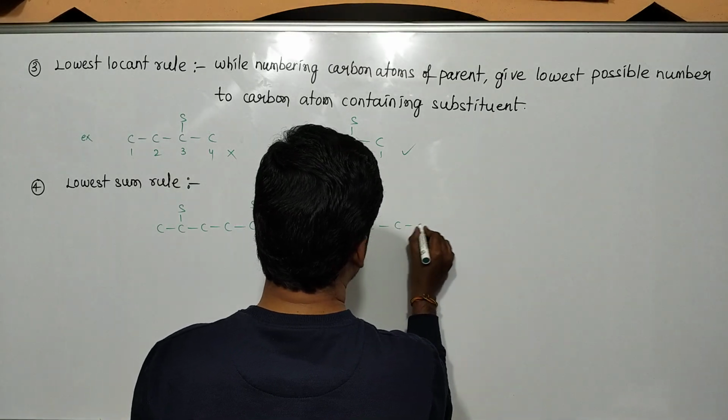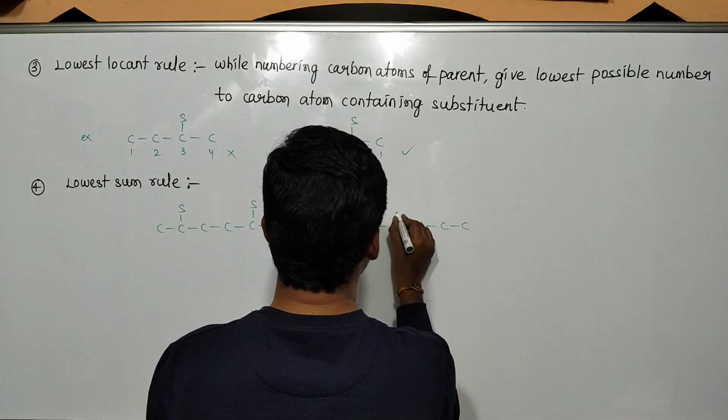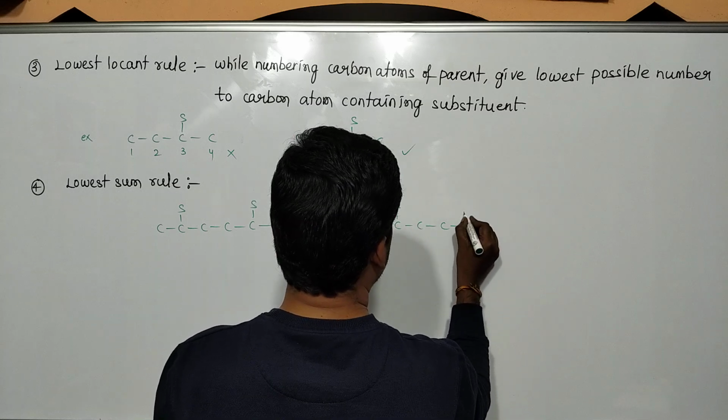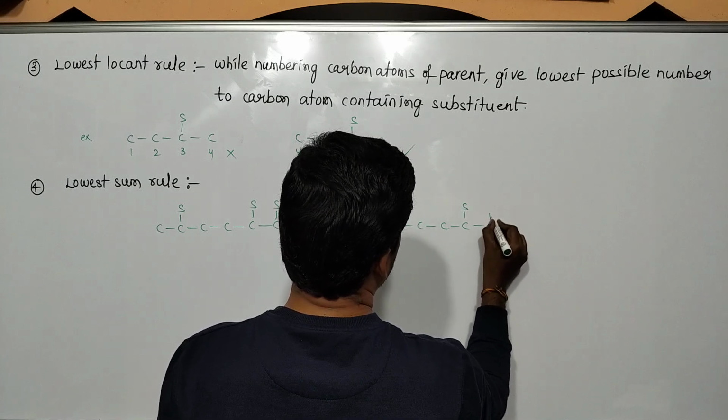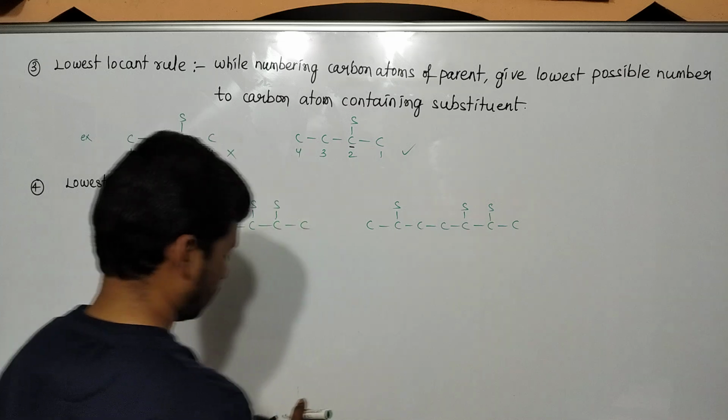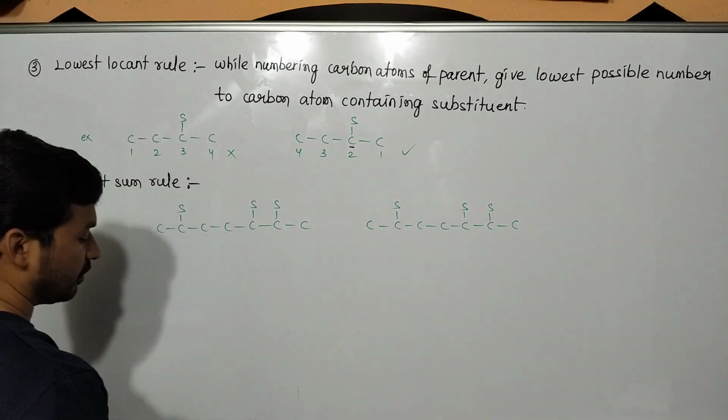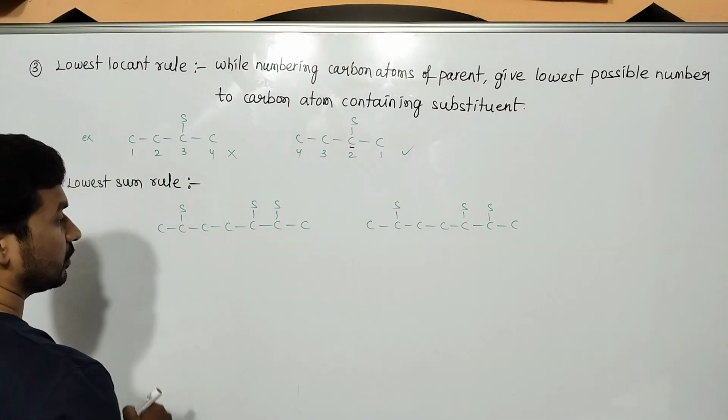I will give one right method and one wrong method. Here a substituent, like this. Then which type of numbering will be correct?